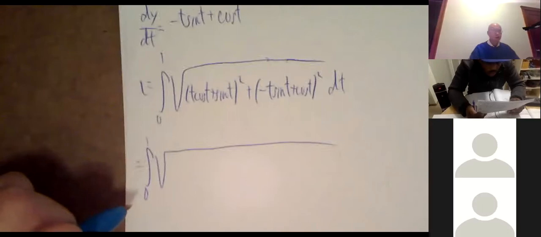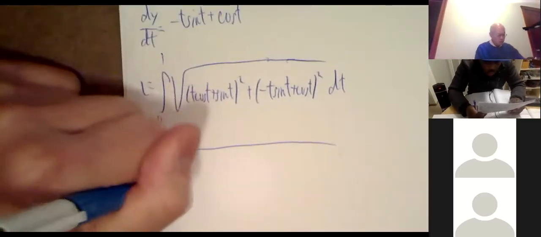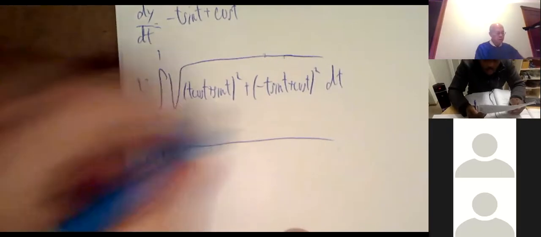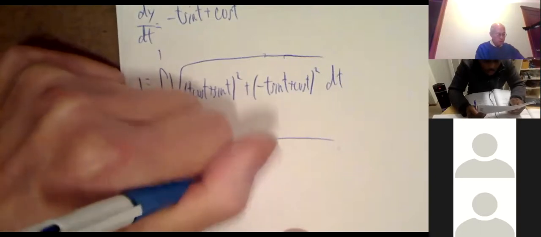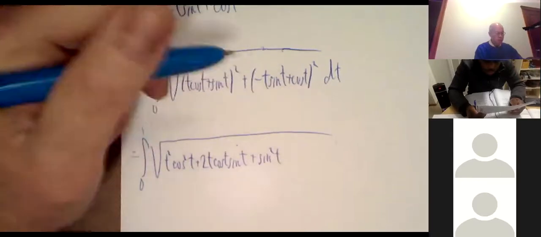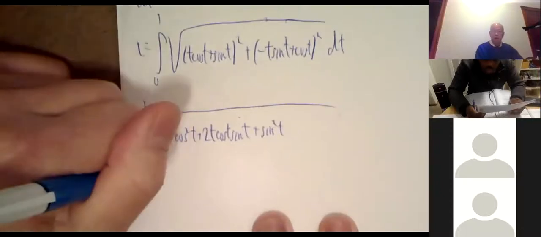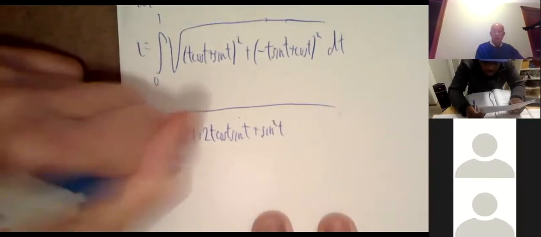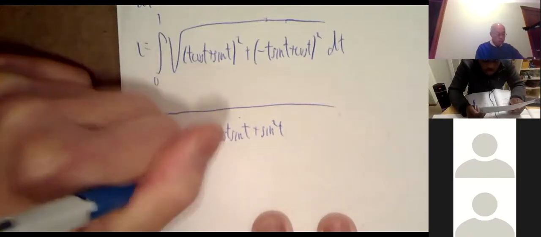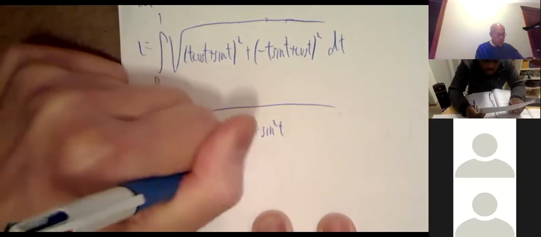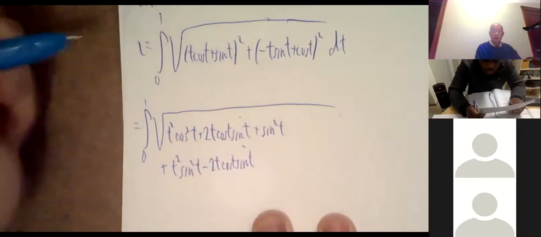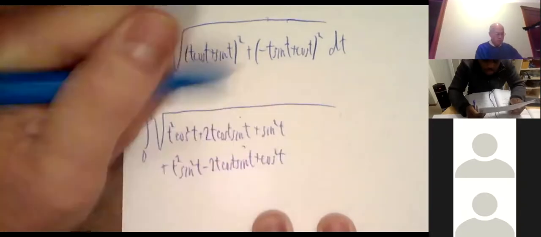Expanding, t squared cosine squared t plus 2t cosine t sine t plus sine squared t, plus t squared sine squared t minus 2t cosine t sine t plus cosine squared t.